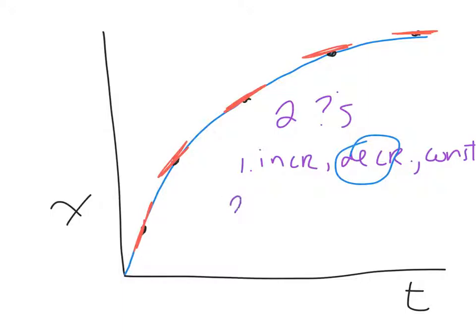The second question you need to ask yourself, are they positive, negative, or 0? All of these slopes are positive.